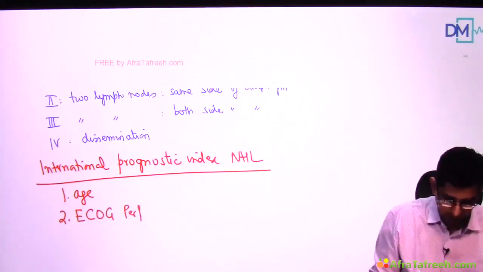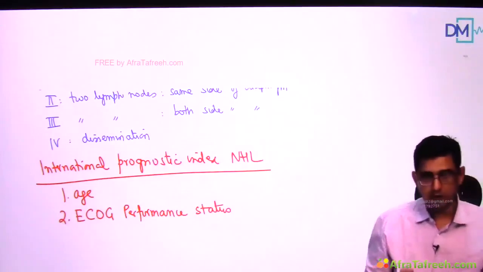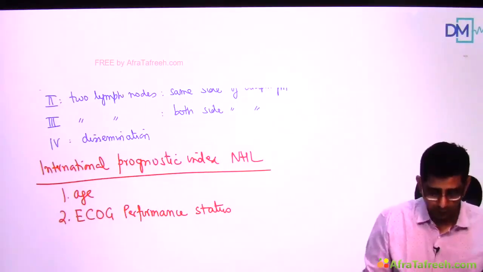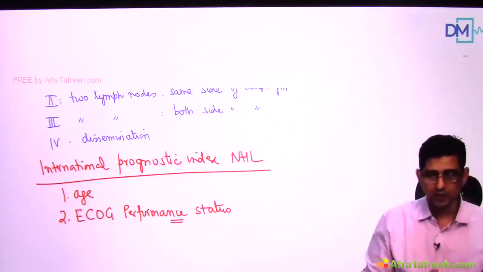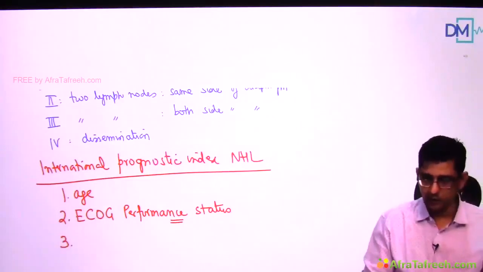Performance status is just an evaluation of the quality of life, like whether a person can go to the bathroom by himself, can wear his own clothes, can go out to his office, can walk by himself. So ECOG performance status evaluates the quality of life index in a patient.